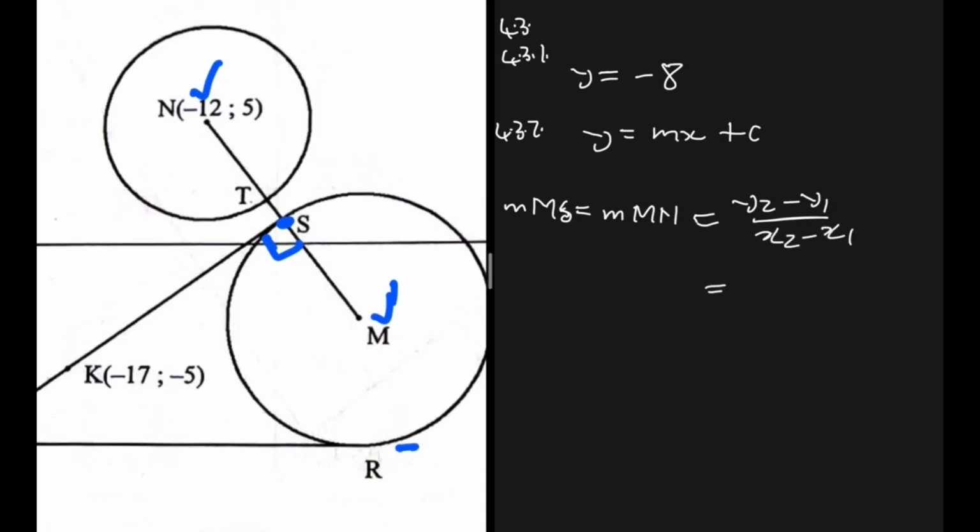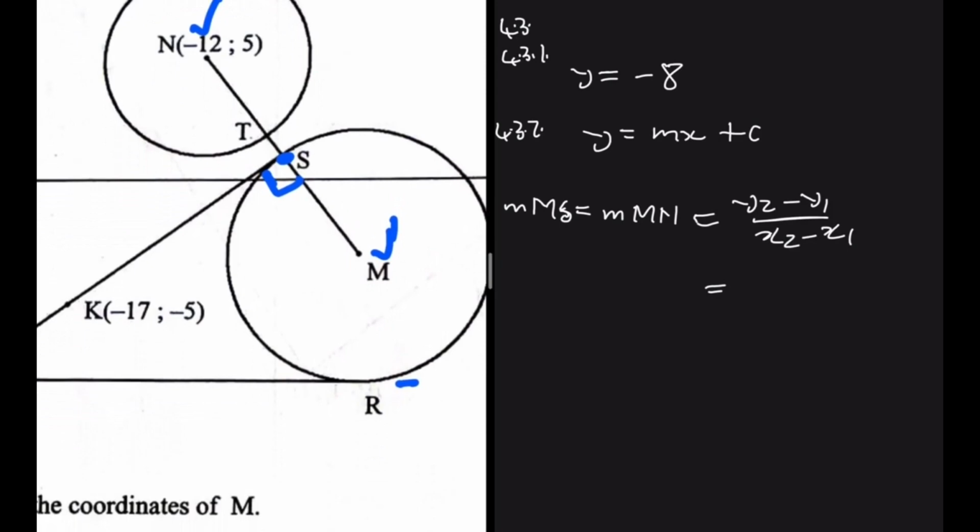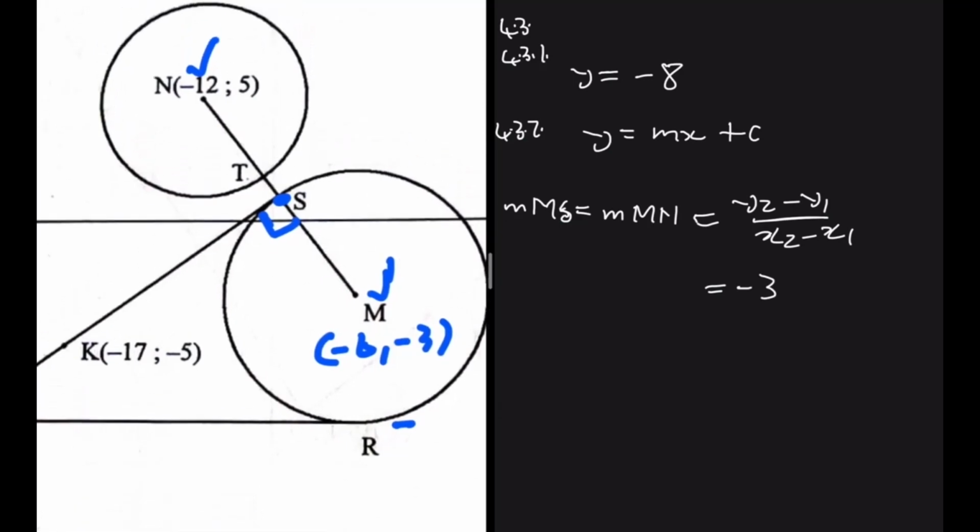Right, so the coordinates of M, we have minus 6 and minus 3. Let's not forget. And then let's take M as our second point. Then the y coordinate would be minus 3. And then the y coordinate of N, that is 5, right? So we're going to have minus 5.